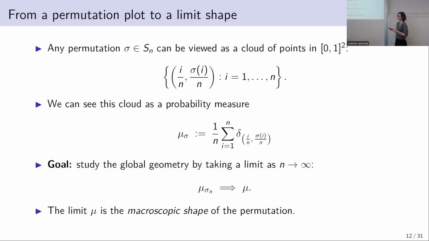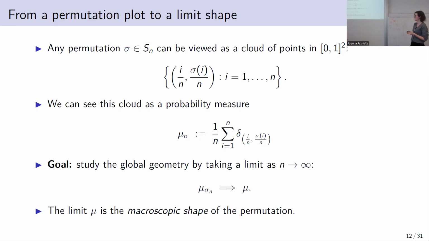So now let's take a deep breath and let's go through the theory of those permutons. As I mentioned before, we can think about any permutation as a cloud of points in the unit square, and I can associate some probability measure with any picture like that. So I just put the mass 1 over n in every such square.